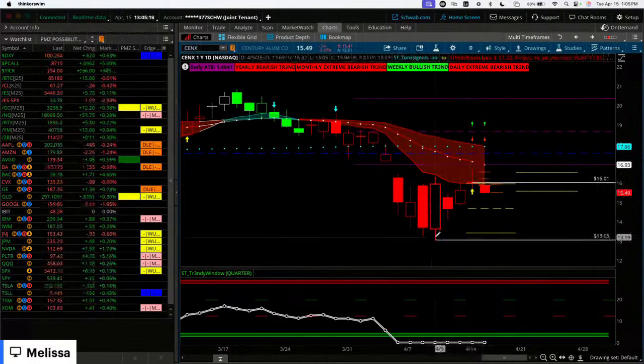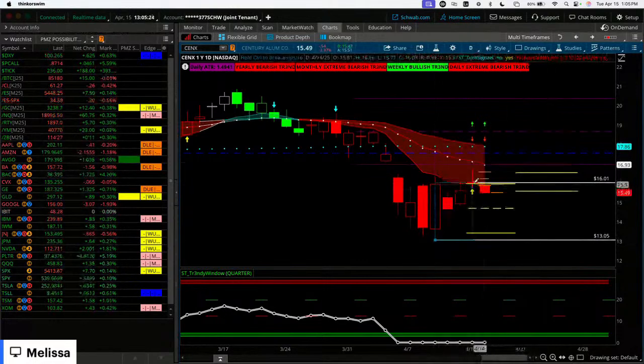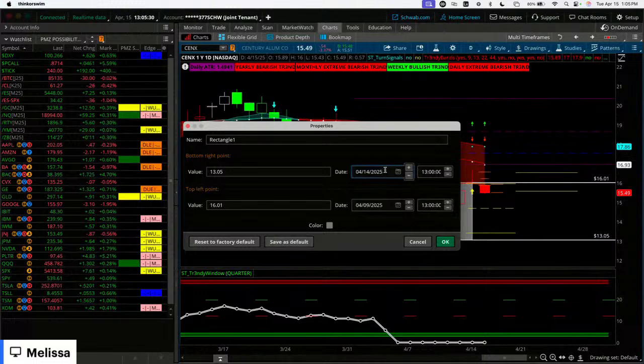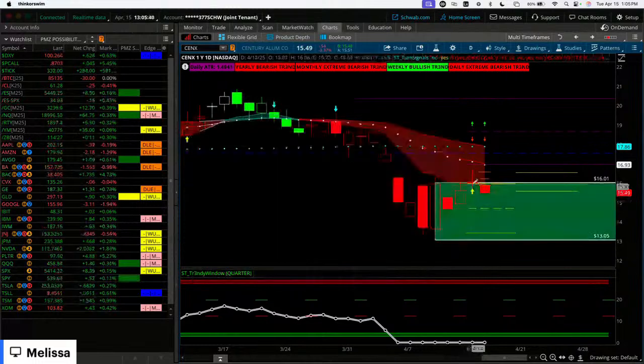But this is a demand area, right, where I would look for buyers to show up here, $16 by $13 basically. So price has pulled back into this demand zone, but keep in mind the move out of this demand zone was very muted. Why?